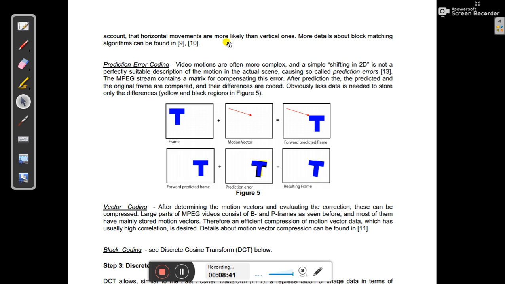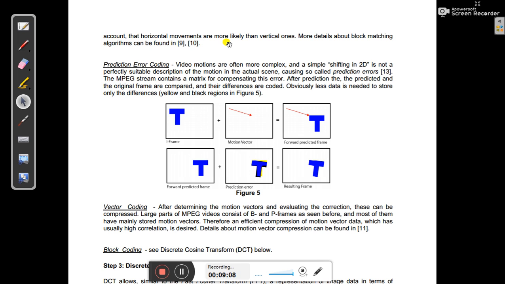So try to understand that while you try to predict the new frame, obviously there will be some errors. To compensate for that error, the MPEG stream contains a matrix of compensation values.